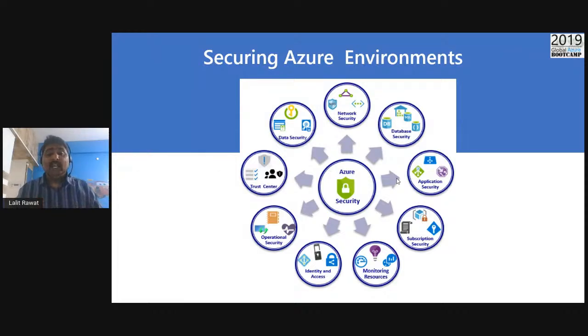Then we'll have our monitoring services and resources. Why did I include monitoring services? Even if you implement a whole bunch of security services, until and unless you monitor those services, how will you come to know if someone is trying to hack something, right?